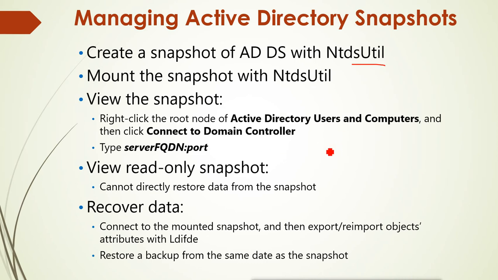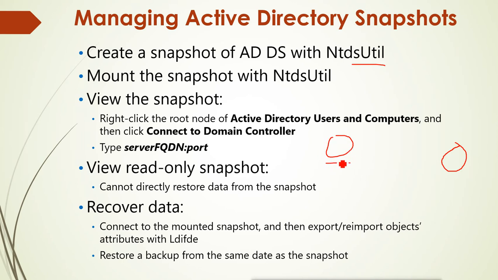It is not a backup, it is just a snapshot to give you the reference, like how the directory was looking at that time. Suppose I take the snapshot today, so after 1 month or 1 year, I just want to see how my directory was looking at that time, what users and what information were there. So I can just see into this snapshot. But it is not like a backup, we cannot take it as a backup.